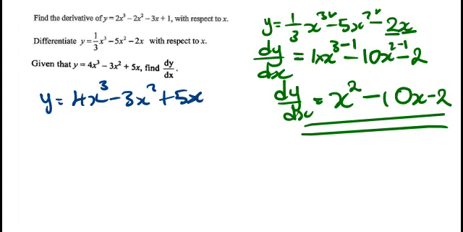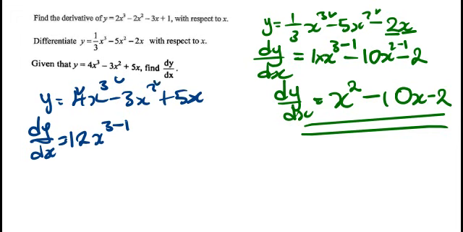So we just say dy over dx equals 4 multiplied by 3, which is 12. So write 12x to the power 3 minus 1, and then negative 3 multiplied by 2 will be negative 6x to the power 2 minus 1. And then when you have something like 5x, you just get a 5.